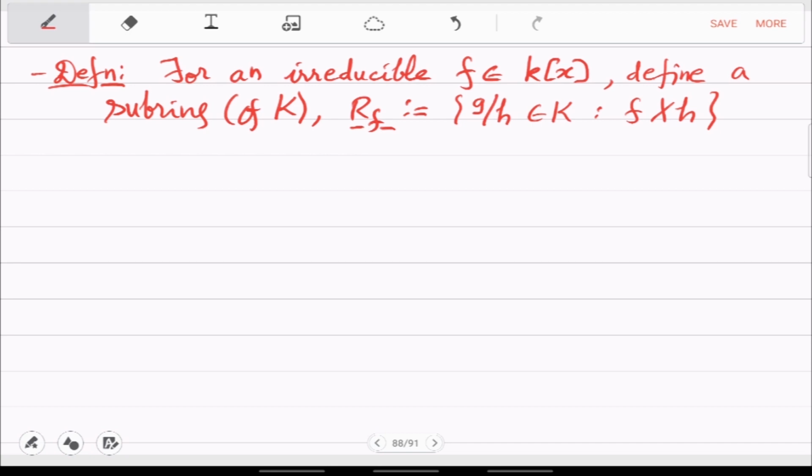Probably. Yes, I think you are just localizing by the prime ideal f. So we'll call this R_f. We are redefining localization basically, and we'll prove that these are essentially the DVRs for the function field, the transcendence degree 1 function field.